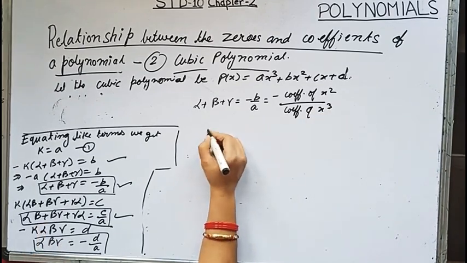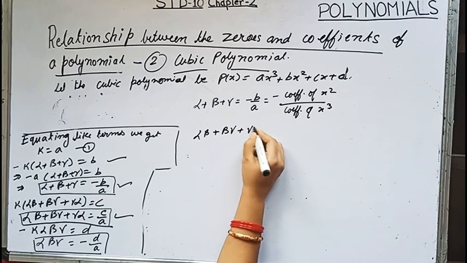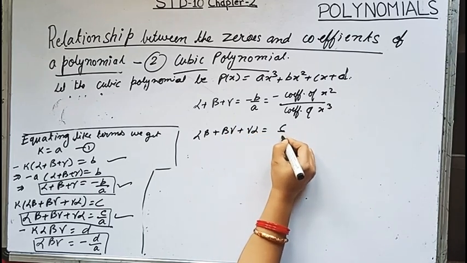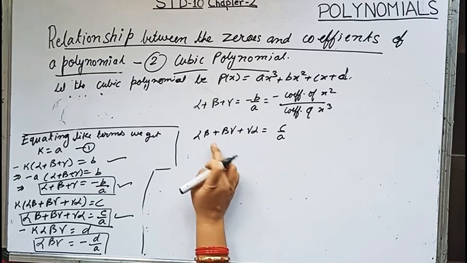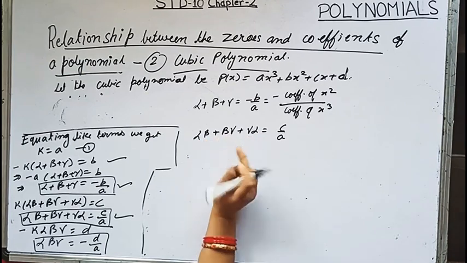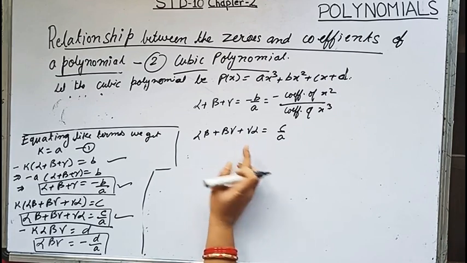Now this one, alpha beta + beta gamma + gamma alpha = c by a. Now this we read as the sum of the product of the zeros taken 2 at a time. 2 zeros we are taking, the product of the 2 zeros, their sum we are taking.